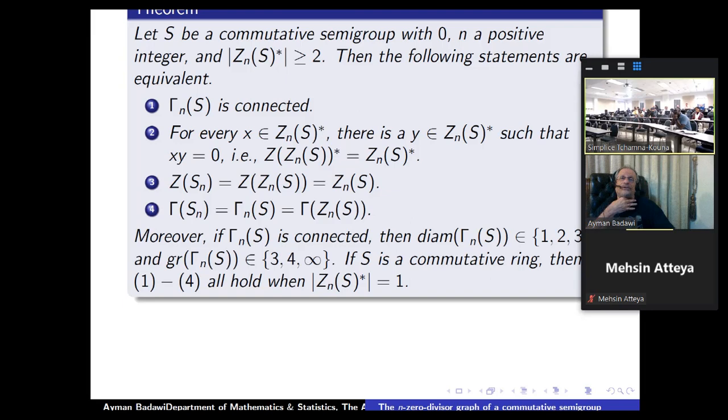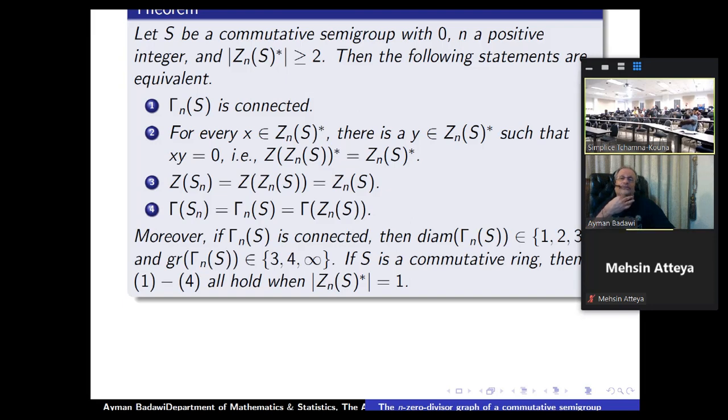If you have a commutative semigroup with 0 and n is a positive integer, and this set ZNS, the zero divisors of the semigroup S, where you take powers x to the n and so on, has cardinality bigger or equal to 2, then the following are equivalent.